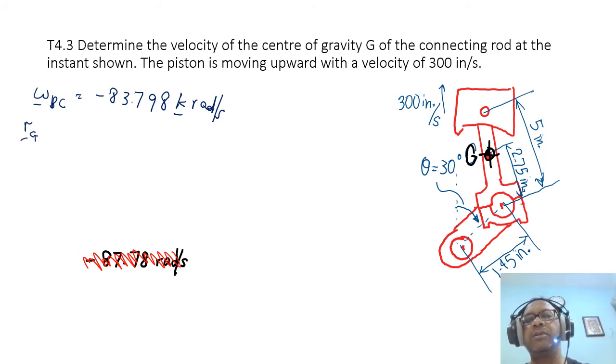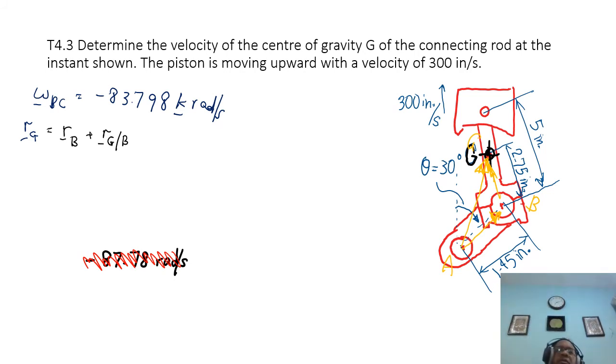So I'm using the orange color. So G is here. This is A, B, G. So I can say that position vector G equals position vector B plus position vector G relative to B. That's one way of doing it.